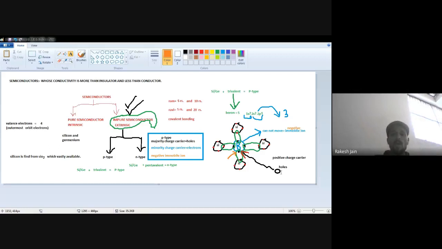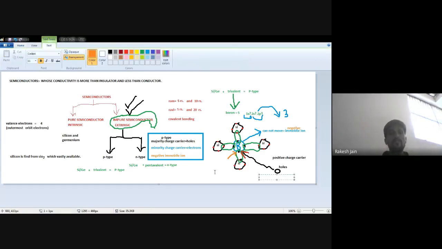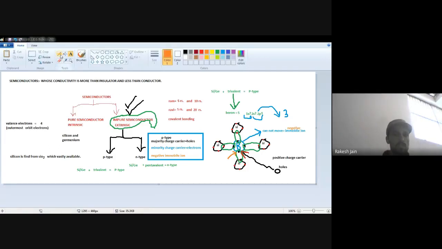Now whenever you want to show a p-type semiconductor, how will you show it? You just draw a box-type structure. Electrons are shown by dots. One dot, second dot, like this. These are electrons. Because minority charge carriers are electrons, let's suppose electrons are like this.